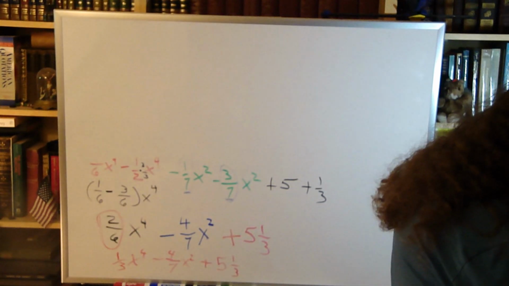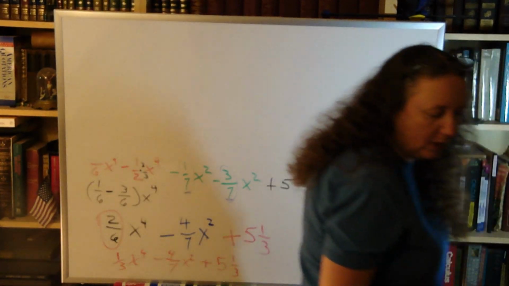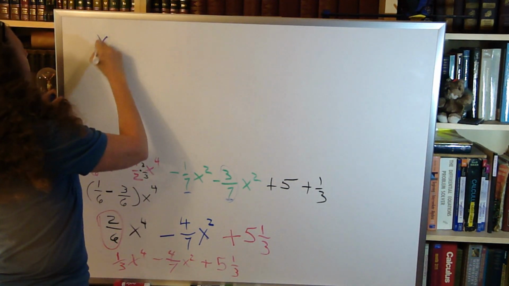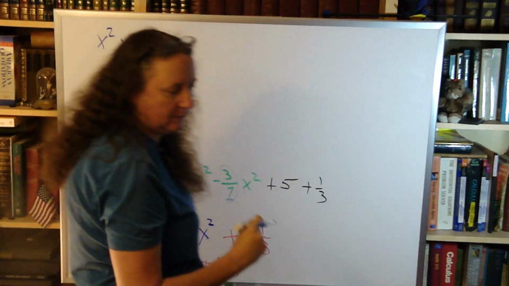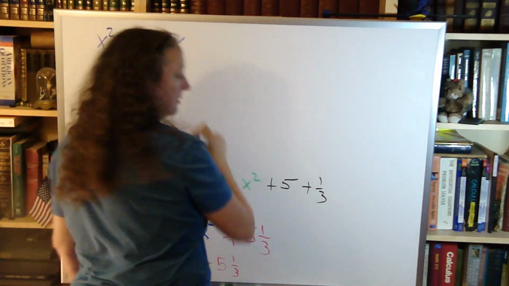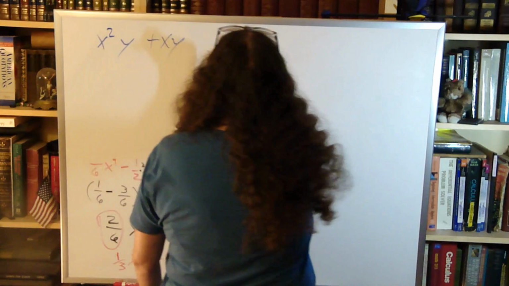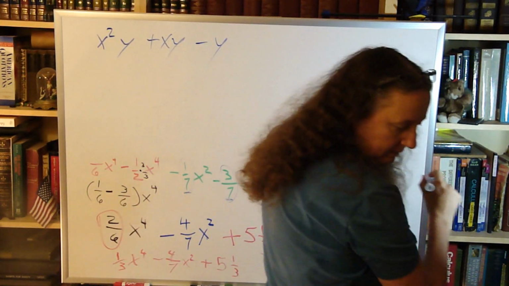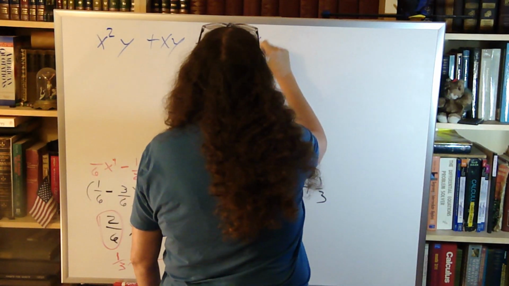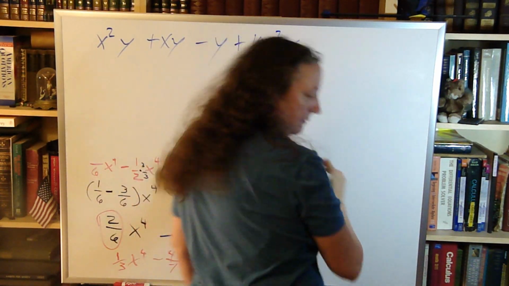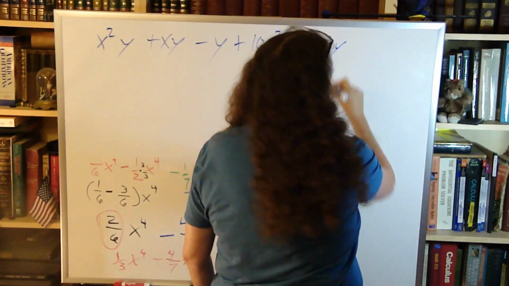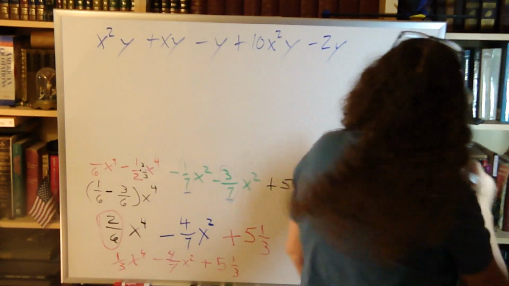So the next problem is x squared y plus xy minus y plus 10x squared y minus 2y plus xy.